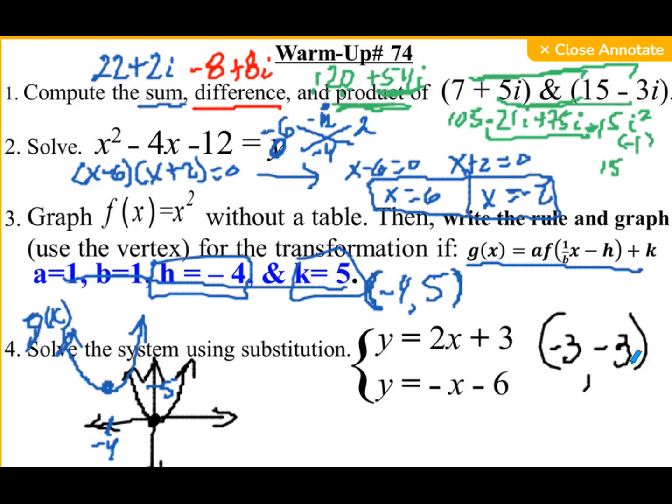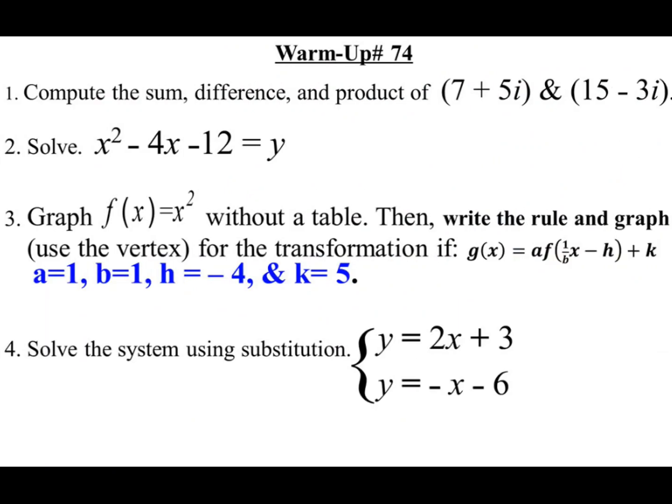Hands, have you got negative 3 and negative 3? That is correct. Let's check. If x is negative 3 and we substitute it in here, this is 3 minus 6. Yes, negative 3. All right. Thank you. Send me your notes for the warm-up, please.